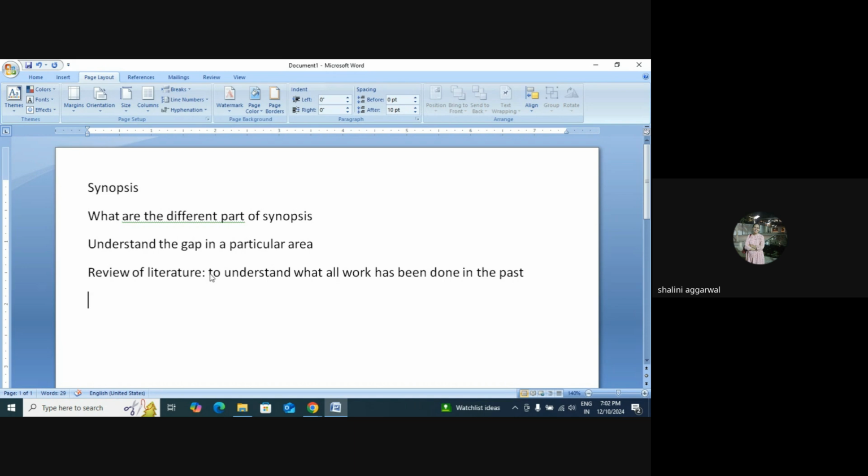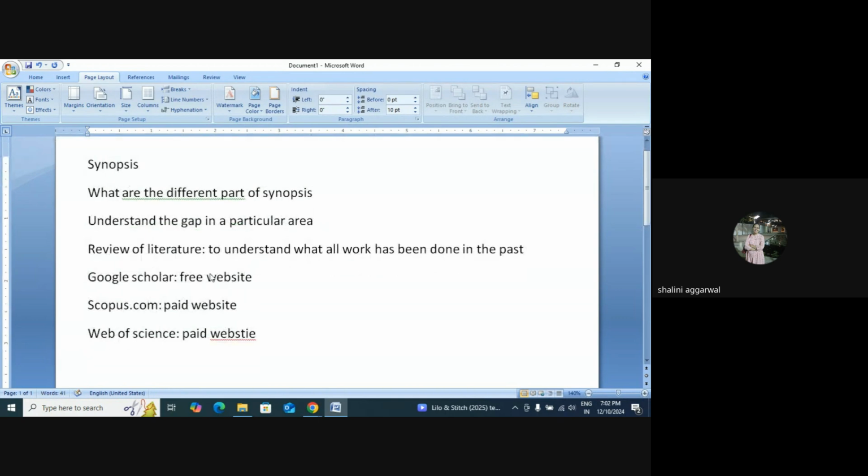To get the papers on the relevant area, we can use Google Scholar, which is a free website, scopus.com, which is a paid website, and Web of Science, which is again a paid website. With the help of these three main websites, you can get the papers in your relevant area.